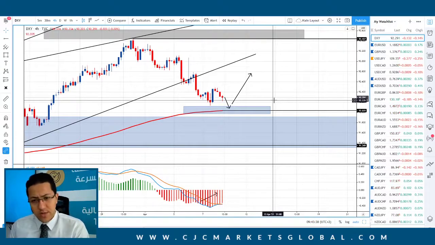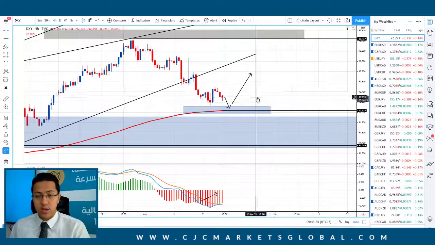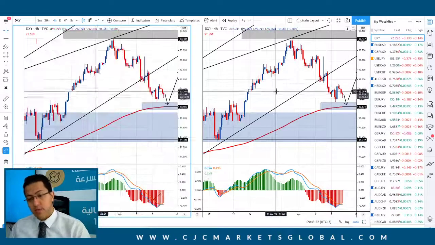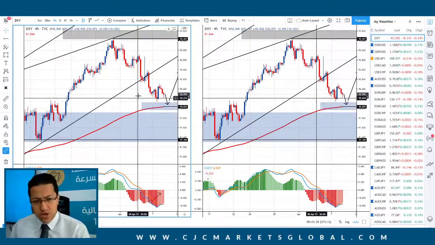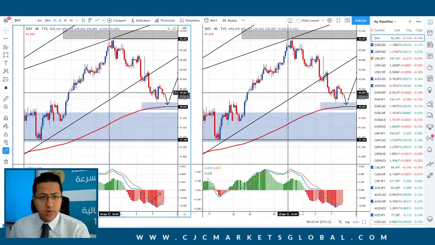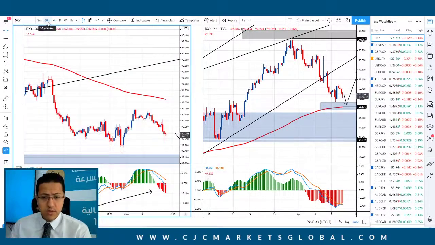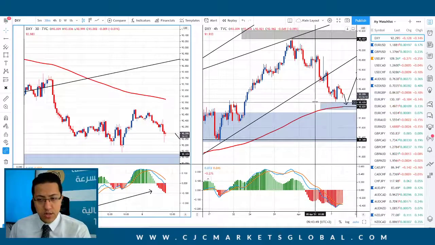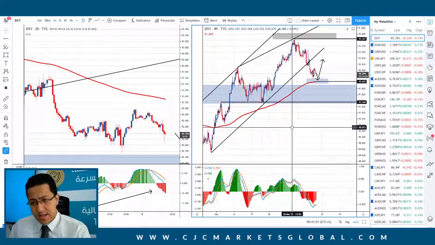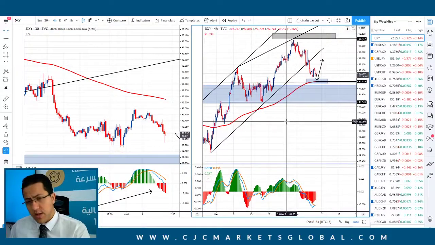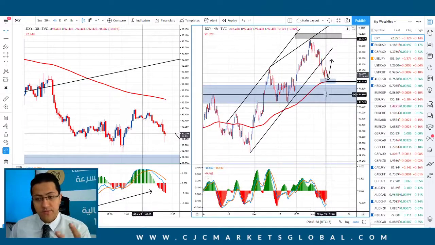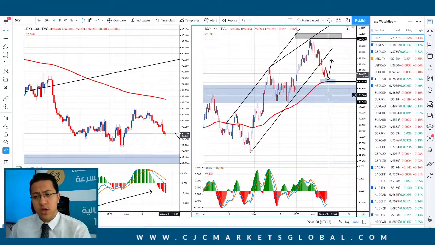So today, during the day, we are expecting an extended move to the downside to retest the 92 level, and then we'll be able to check whether there is a bullish price action from here. We will be targeting some upward movement, or we will be breaking below the 200 exponential moving average, and in this scenario there will not be enough margin to trade the US dollar, because you will still have a huge support to the downside.